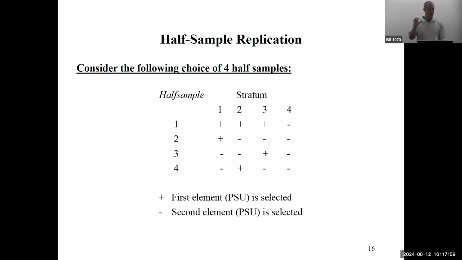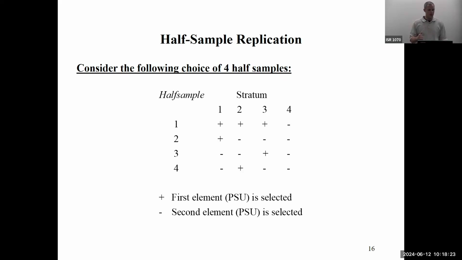This 4x4 matrix of pluses and minuses that you see here is what's called a Hadamard matrix. These Hadamard matrices have the nice property that, across the different half sample replicates, the pluses and the minuses cancel each other out in terms of the covariances of the estimates from the different half sample replicates.